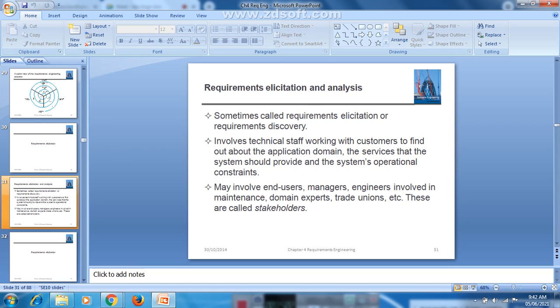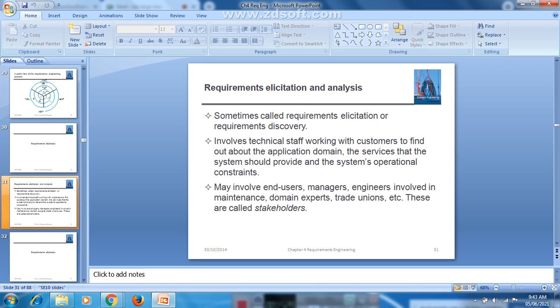Already you know what you mean by stakeholder. A stakeholder is a person or an organization who is affected by a system or has an interest in that particular system. So the technical staff and the customer are the two main stakeholders related with requirement discovery.